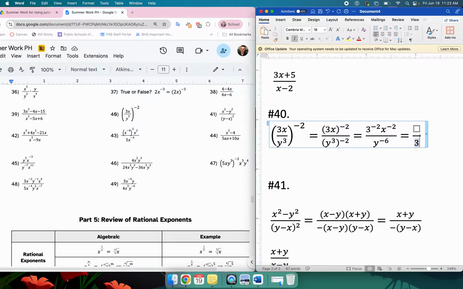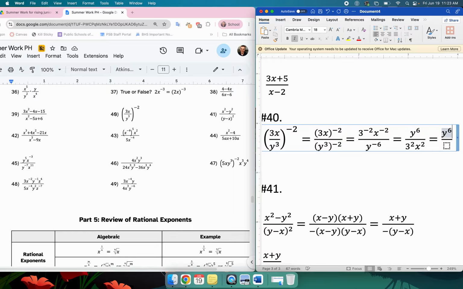Finally, the y is being raised to a negative exponent, so it goes upstairs and becomes positive. That's the effect of negative exponents inside of a fraction: they make the object to which the exponent is being applied switch between numerator and denominator. And when you make that switch happen, you change the exponent to be positive. And then you can say, okay, fine, that's y to the 6th over 3 squared is 9, so 9x squared.